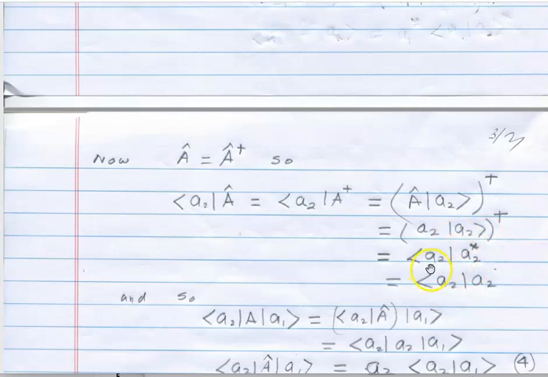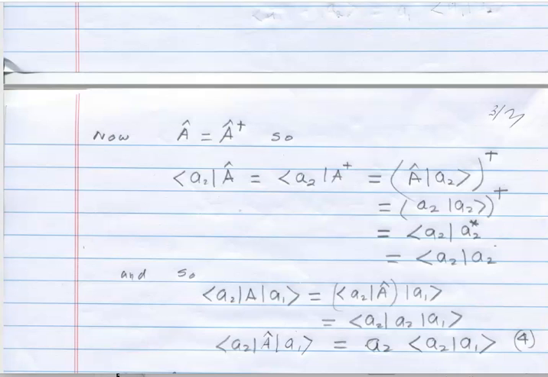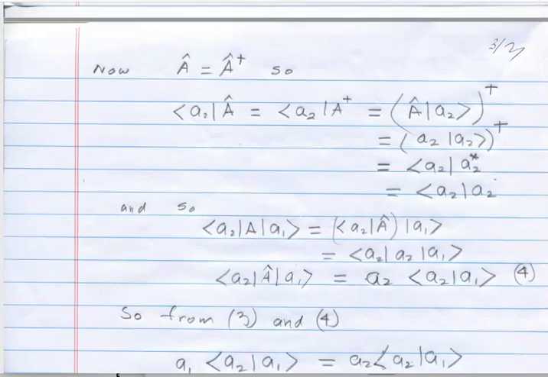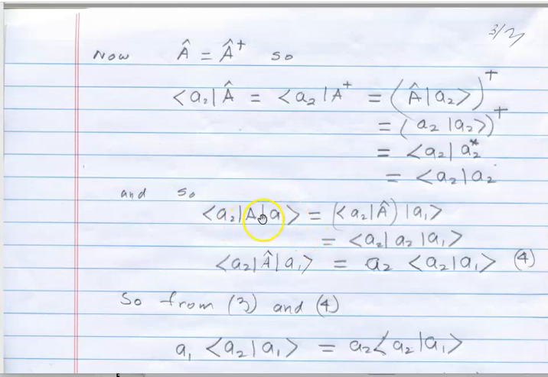It's just A2 times the bra. So the net result is this with A in between simply becomes A2 star. But again, A2 is a real eigenvalue. It was a Hermitian operator, and so A2 star is the same as A2. And now I can write both of those: on this one I operate from the left with A1, the other one I operate from the right. So A1 on this one up here, it all turns into this expression.